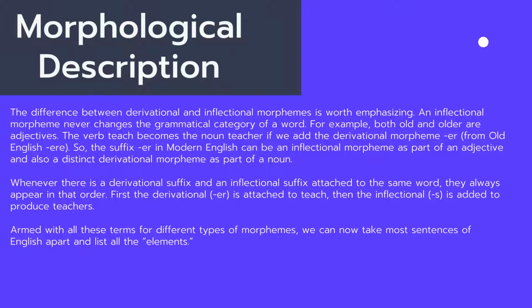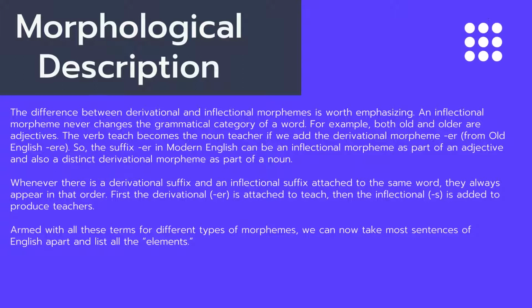The verb teach becomes the noun teacher if we add the derivational morpheme -er from Old English. So the suffix -er in modern English can be an inflectional morpheme as part of an adjective and also a distinct derivational morpheme as part of a noun.